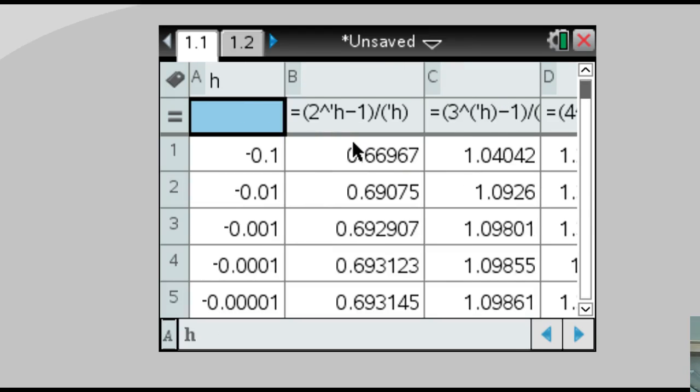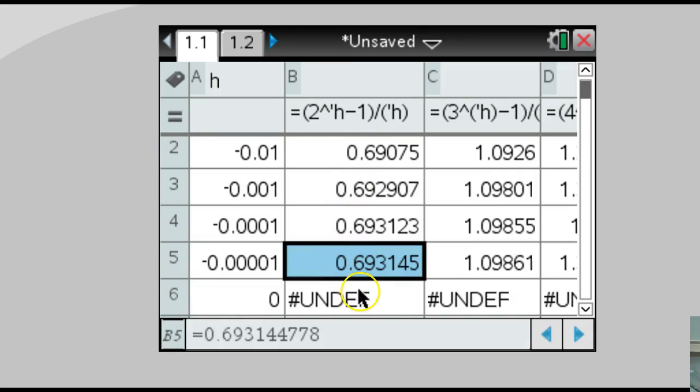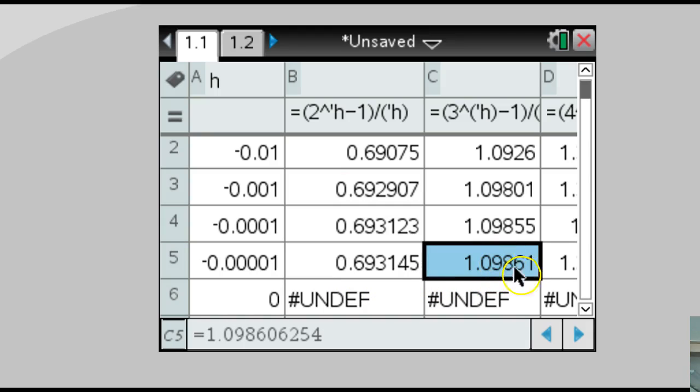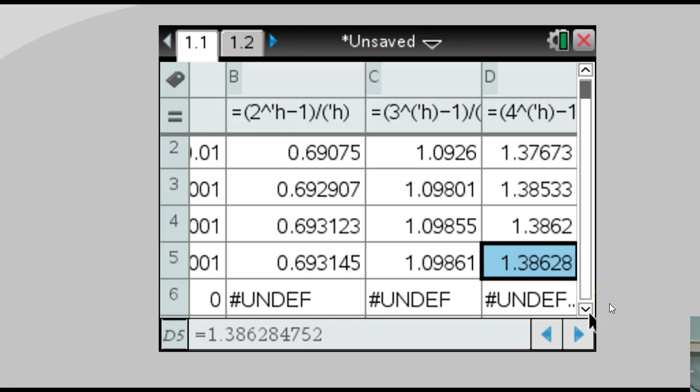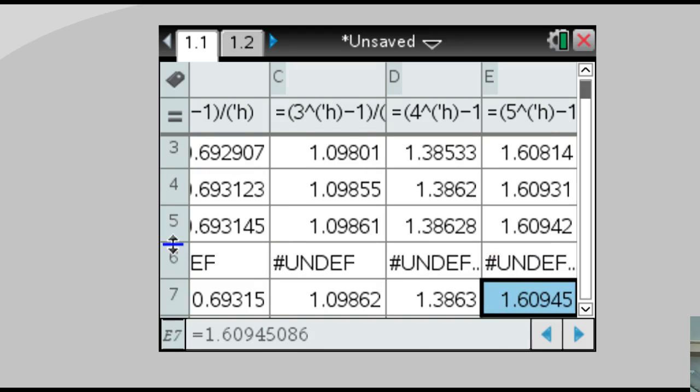As I take the limit of these values as h approaches 0, for a equals 2, that limit k is about 0.693. For 3, it's about 1.09861. When a is 4, it's about 1.38. And when a is 5, it's about 1.60942. We can verify it because it holds on both sides as h gets closer to 0 from the positive and the negative side.